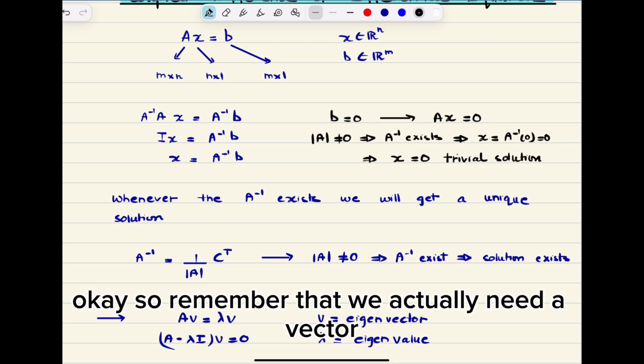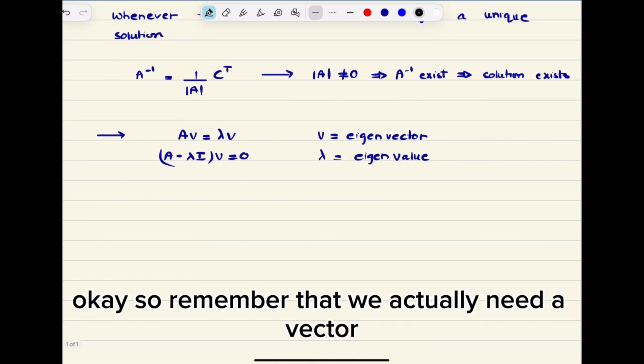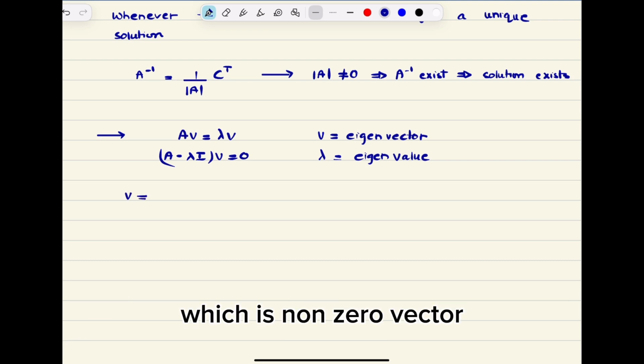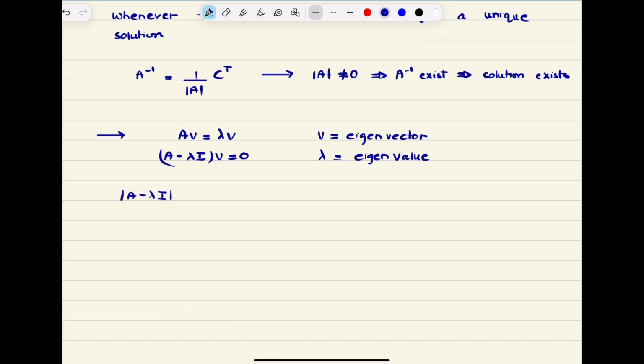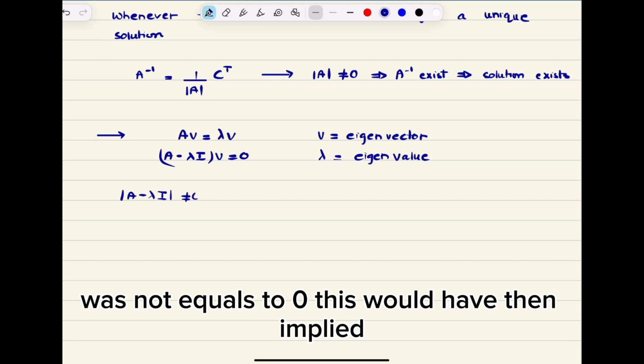Okay, so remember that we actually need a vector which is non-zero. Suppose I said the determinant of this matrix was not equal to 0.